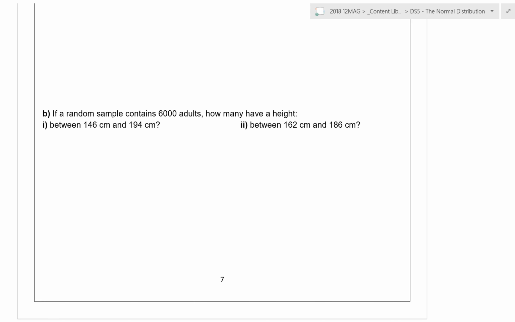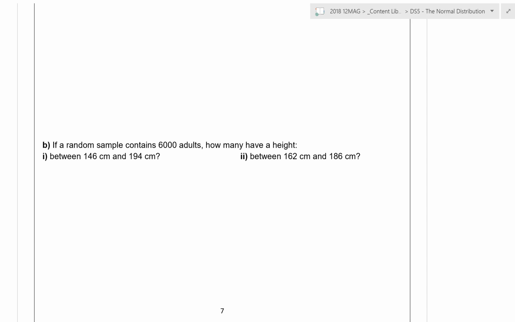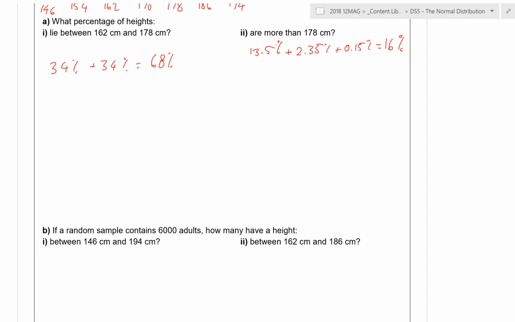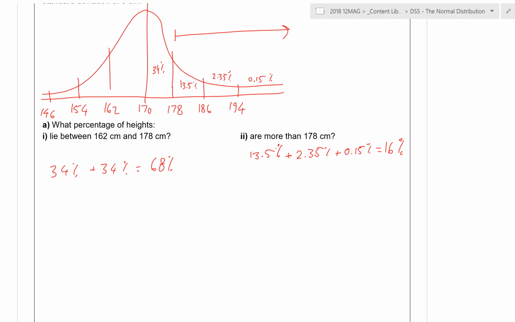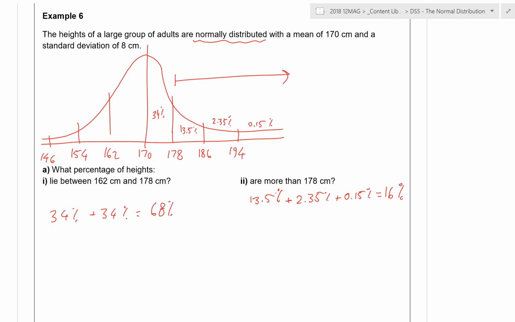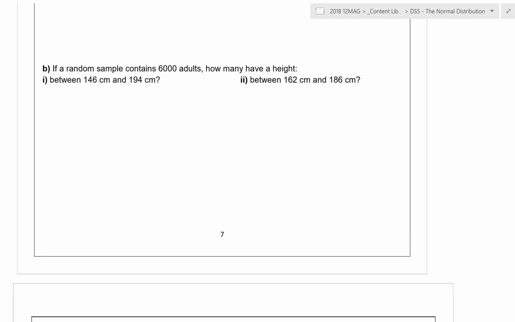If a random sample contains 6,000 adults, how many have a height between 146 and 194? That will be all the way down here to all the way up here. We can add these up, but that is actually our 99.7%. So it's 99.7% of the 6,000.